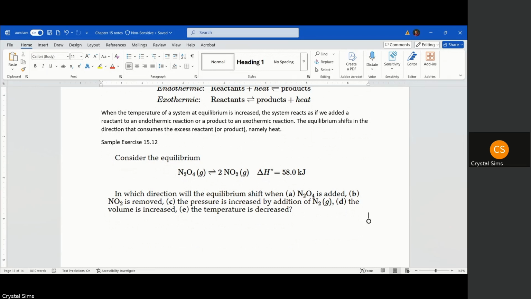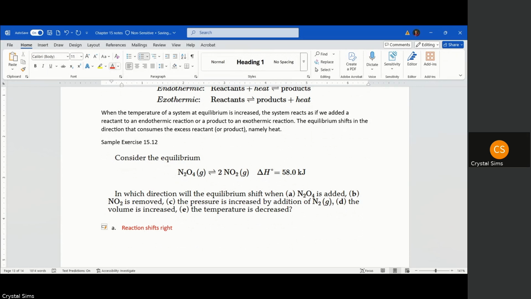So in our first example, the reaction shifts right because we've got to use up some of that N2O4. We're going to consume it by producing more product.